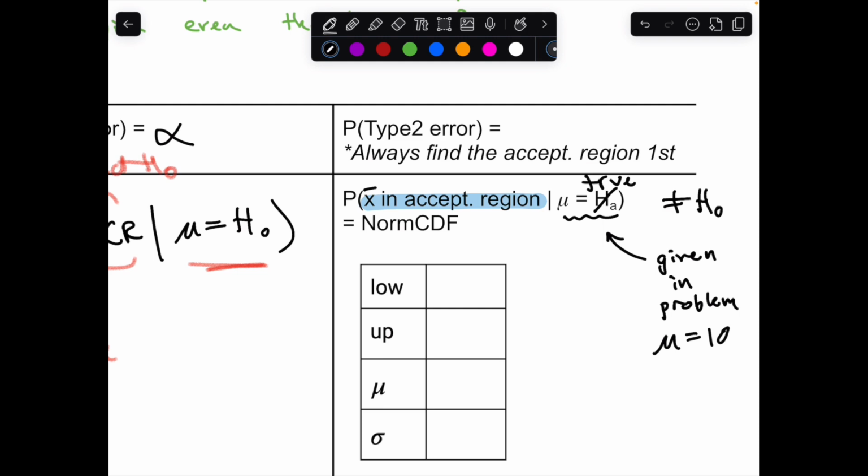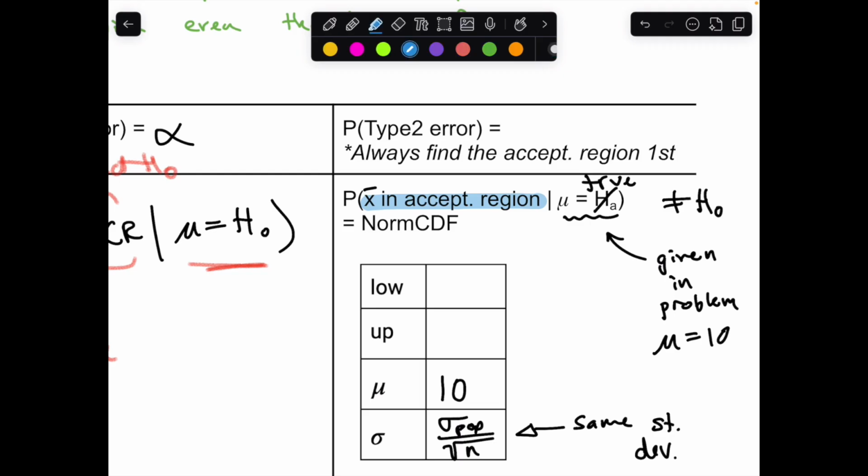So when we do the normal CDF calculation, we're going to enter 10 here, and we're going to use the same standard deviation as the sampling distribution. So that would be your population standard deviation over the square root of n.